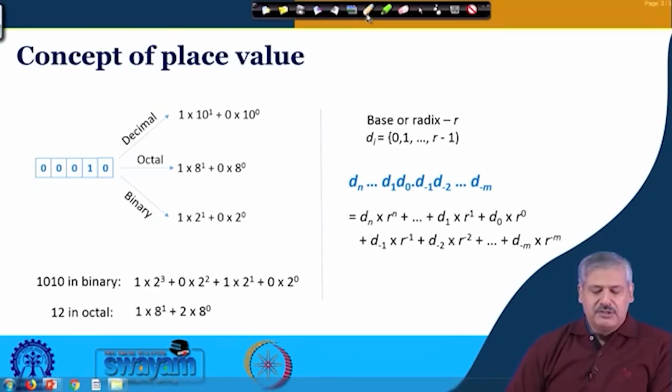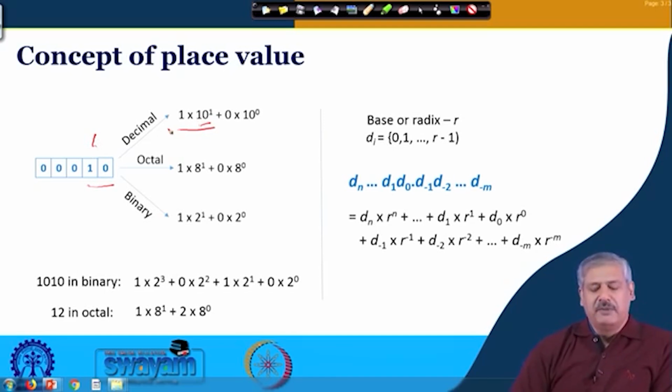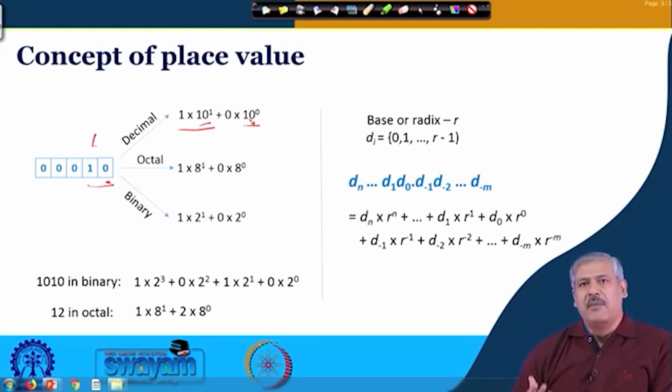If we look at the number 1 0, in decimal the 1 here is appearing at 10's place. So, 10 to the power 1 multiplied by 1, and this is 0, and it is 1's place, value is 1. So, 0 into 10 to the power 0. So, this is what actually it means in the amount.